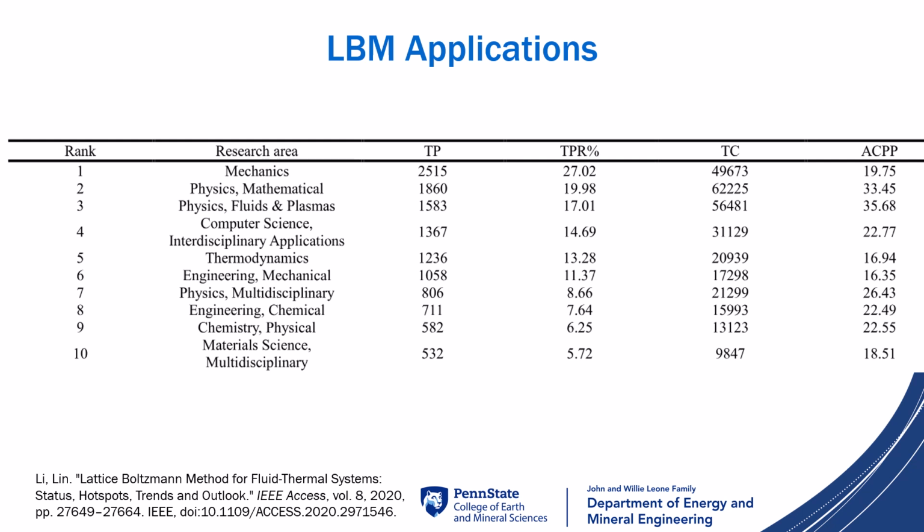According to the same study, the fields with the highest number of LBM-related publications include, in order, mechanics, physics and mathematics, fluid physics, computer science, interdisciplinary applications, thermodynamics, mechanical engineering, multidisciplinary physics, chemical engineering, physical chemistry, material science, and general multidisciplinary areas. The diverse fields highlight LBM's adaptability and relevance across both theoretical and application research domains.